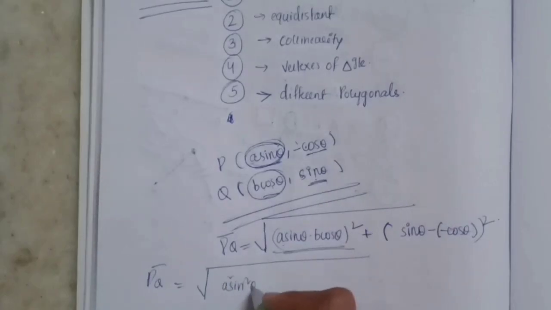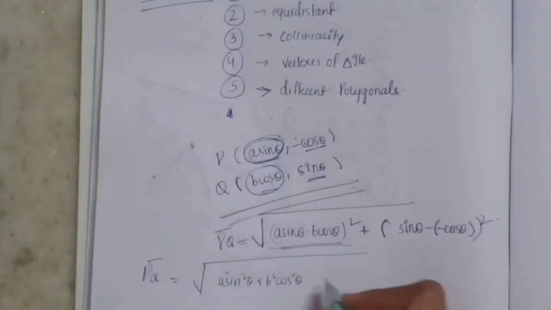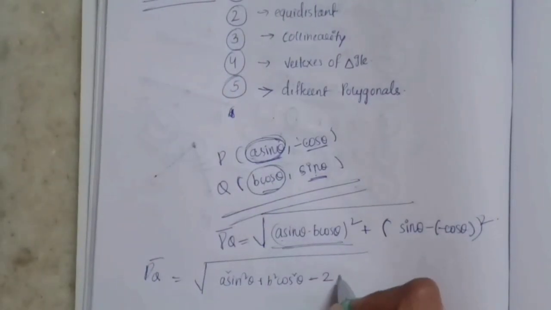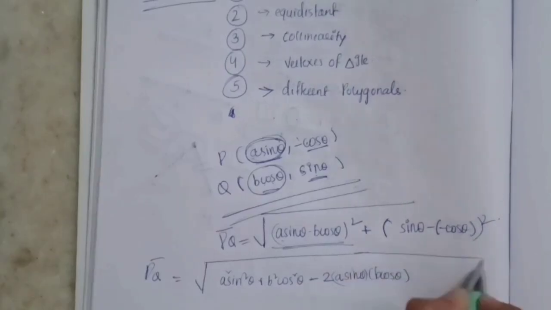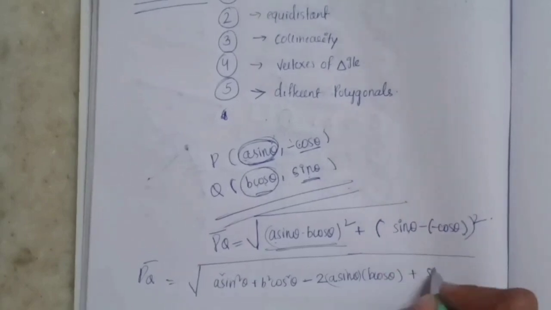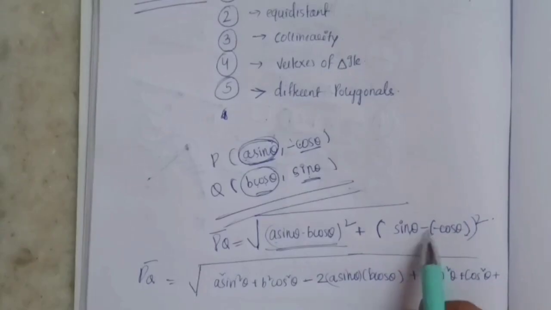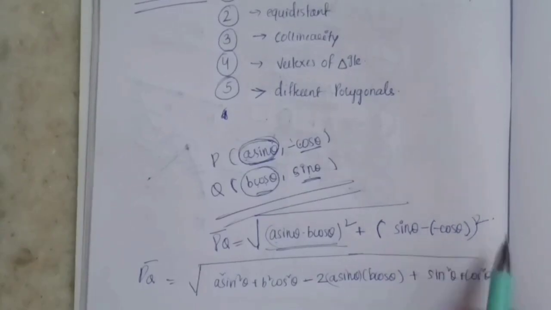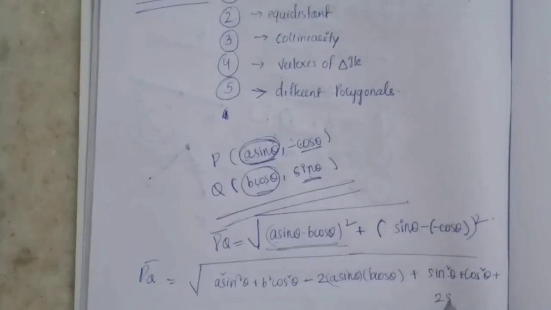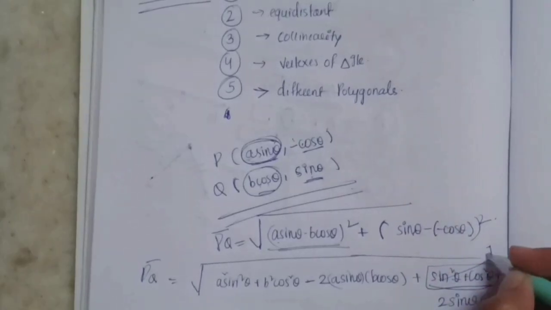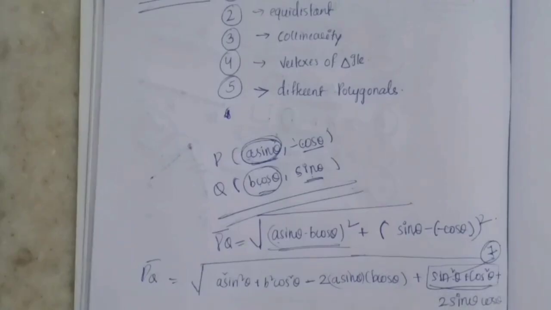So a square sine square theta plus b square cos square theta minus 2ab sine theta cos theta, plus here sine square theta plus cos square theta plus 2 sine theta cos theta, since minus of minus became plus. We know this: sine square theta plus cos square theta is equals to 1. So we need to expand it and just solve this.